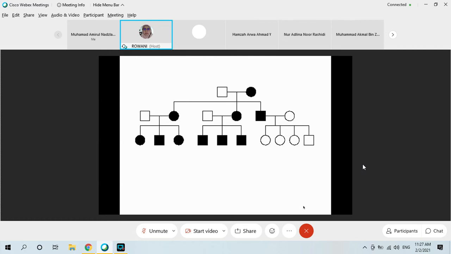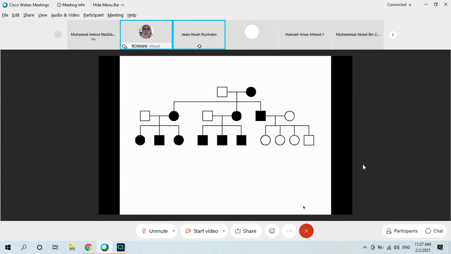So describe what you see. I see an affected female in the first generation, and it's passed down vertically, affecting females and males in the second and third generation. Okay.